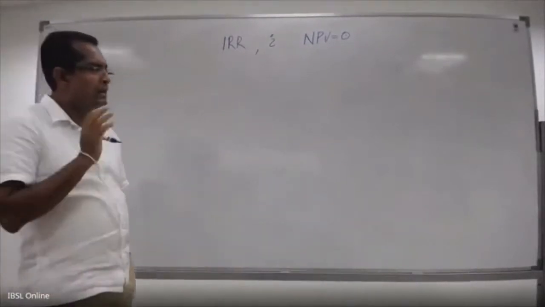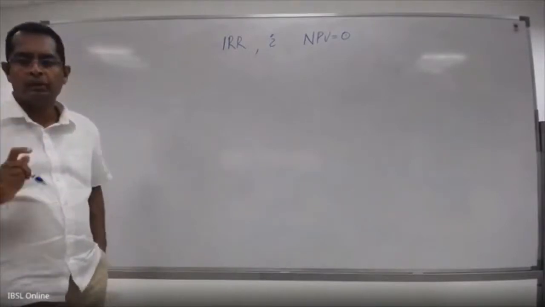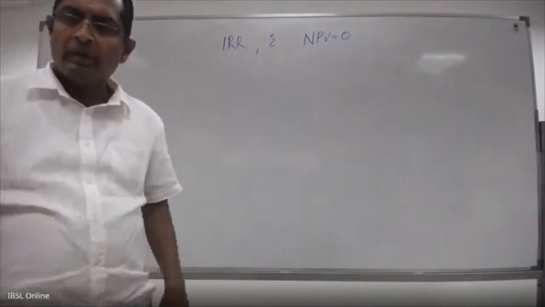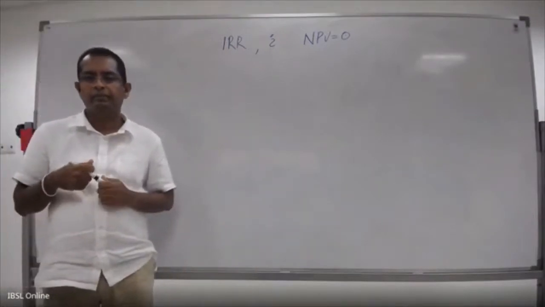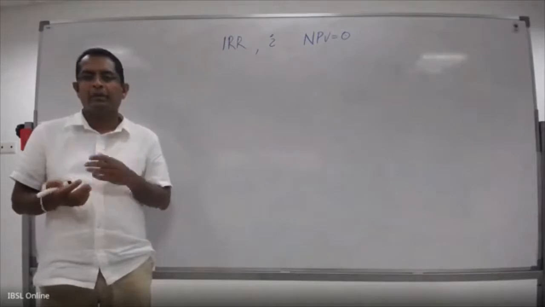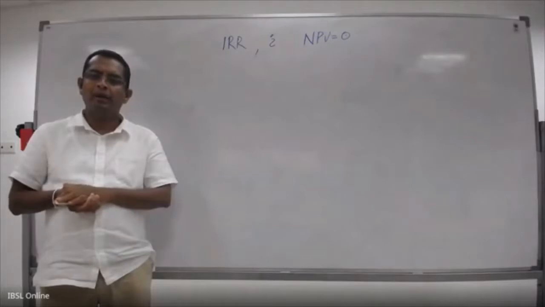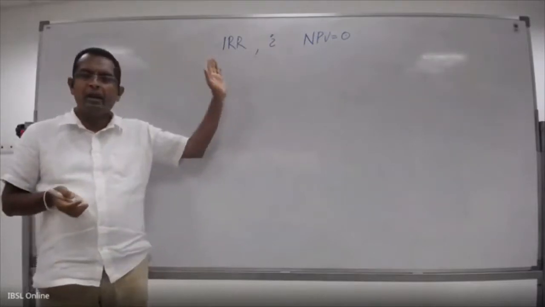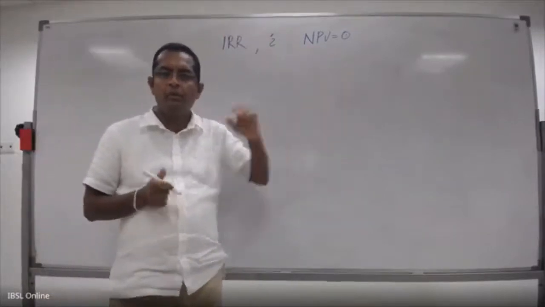IRR is the rate at which NPV is equal to 0. That is clear? Are you with me? Hurry up. Give me answers fast. I have a few people who wanted to explain, so you need to answer me fast. Is this clear? IRR is the rate at which NPV equals 0.